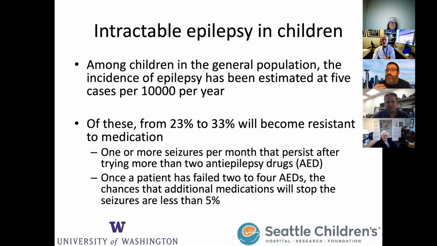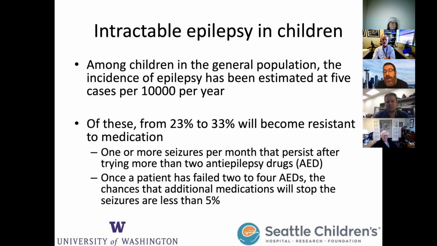So just starting from the beginning and laying the groundwork for the clinical trial piece of this. Among children in the general population, the incidence of epilepsy is about 5 per 10,000. Of these, approximately a third will be medication resistant. That's 1 or more seizures per month that persist after trying more than 2 anti-epilepsy drugs.